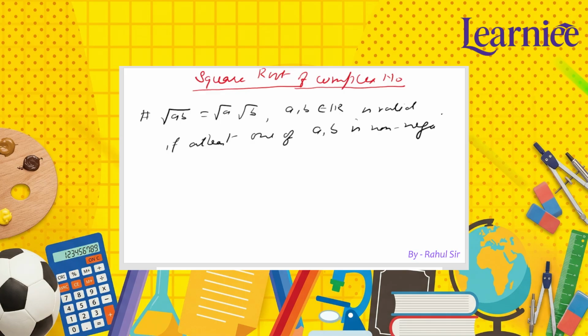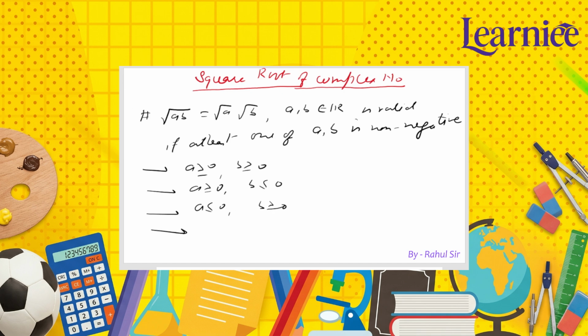At least one of A and B is non-negative. That means this is valid if A is positive and B is positive. It is also valid if A is positive but B is negative. It is also valid when A is negative and B is positive.